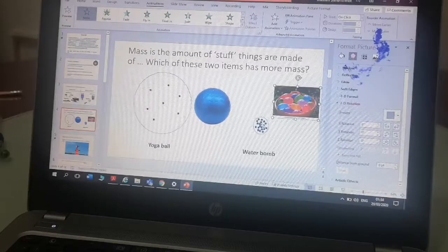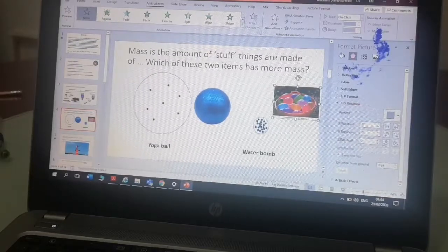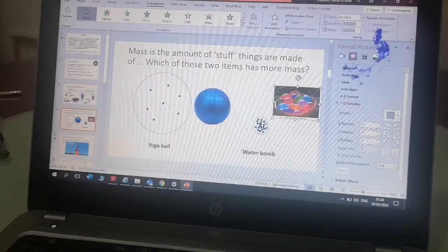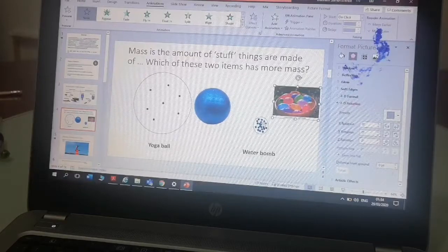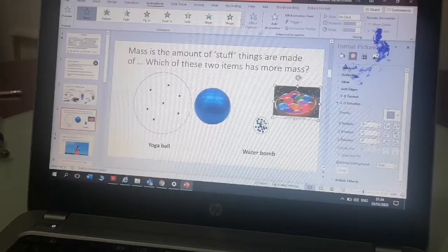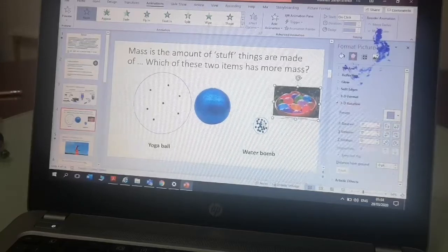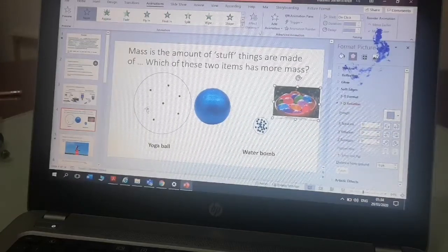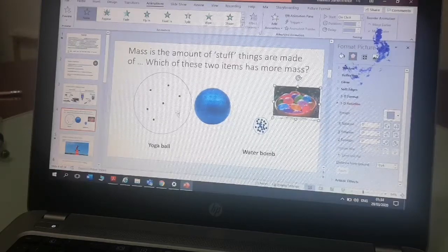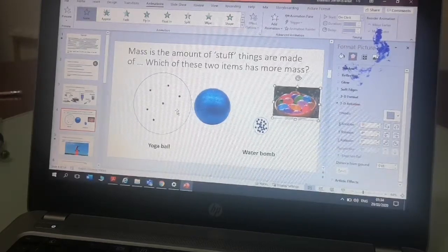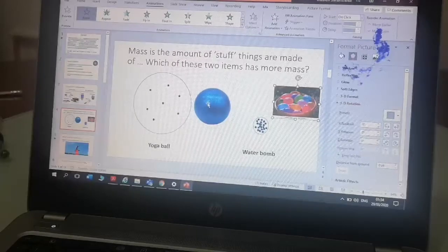Now this one is smaller, right? So it has less mass, right? No, not right. You can have things which are bigger and have less mass. This is the case here. Look at the amount of stuff. There's 1, 2, 3, 4, 5, 6, 7 particles in the yoga ball.